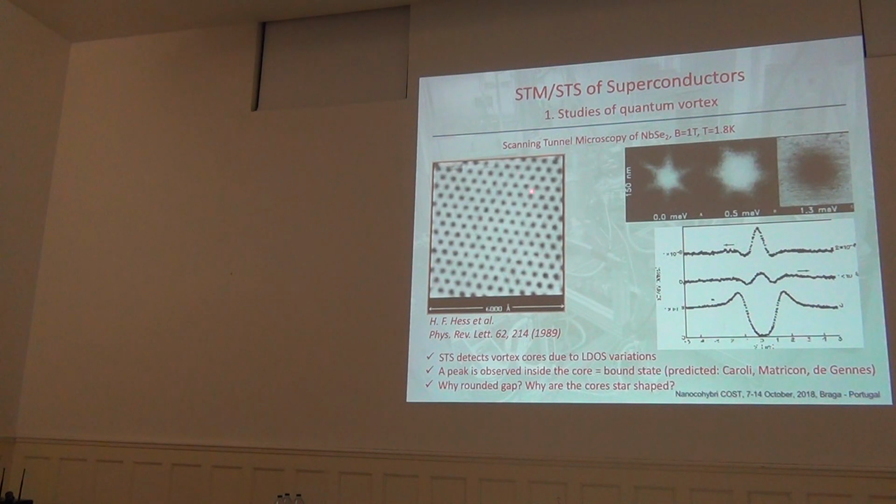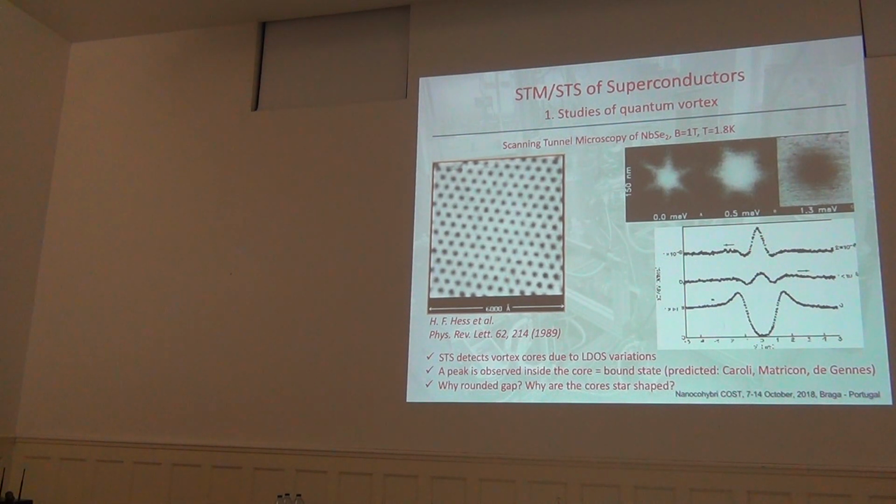Now, there is something strange there: depending on the bias inside the superconducting gap, the gap is 1.3 millielectron volt here, approximately. But if you look at the tunneling conductance at zero bias, it has a six-fold star shape. And moreover, if you follow the tunneling conductance at zero bias, you see that in the vortex core, the tunneling conductance doesn't become normal, but shows a peak.